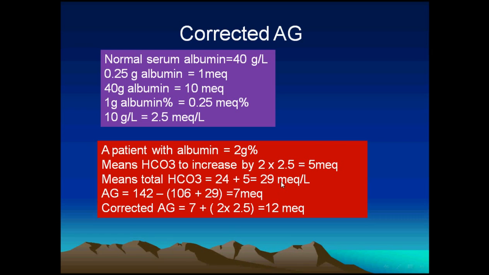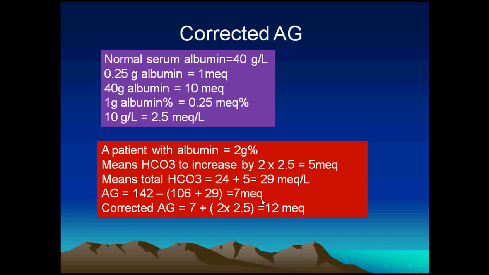So the normal for this patient is 29. When you take the anion gap for this patient, with sodium 142, the chloride, and the bicarbonate which increased, this will give us 7. So the anion gap for this patient is 7 milliequivalent.